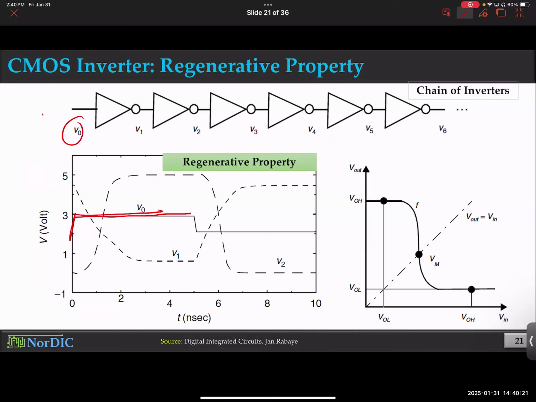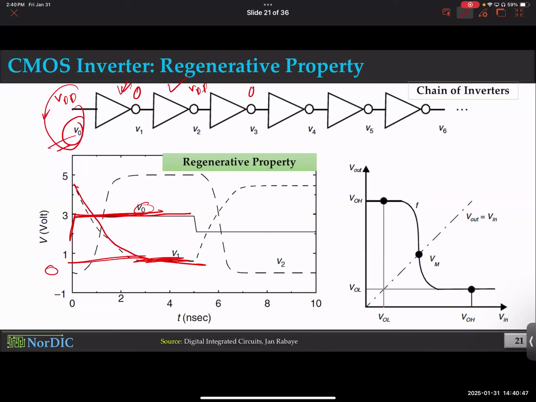So if this is VDD, this one should be 0, the other one should be VDD, another one should be 0, and so on, right? Notice if V0 tends to be higher, V1 immediately goes to 0. This is 0, by the way. So the next inverter will have no idea that there was a degraded input.